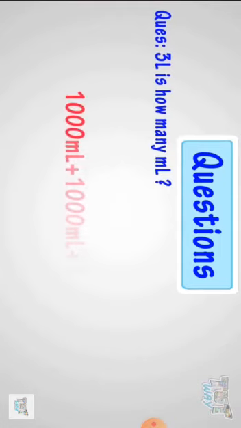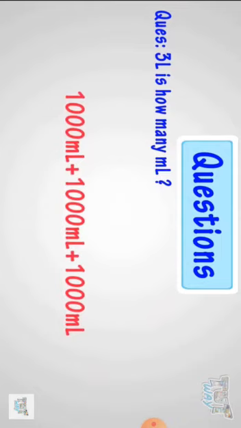It is 1,000 milliliters plus 1,000 milliliters plus 1,000 milliliters. That is 3,000 milliliters. Good.